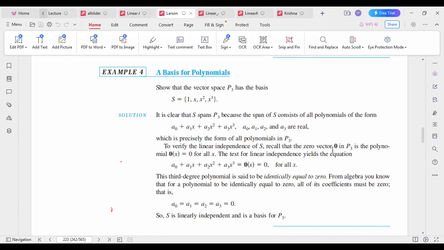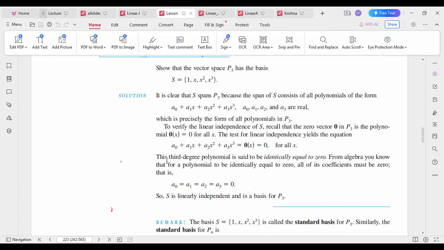To verify independence, we write the linear combination equals 0. Now after solving, this third degree polynomial is said to be identically equal to 0. From algebra we know that for a polynomial to be identically equal to 0, all scalars must be 0. So S is linearly independent.